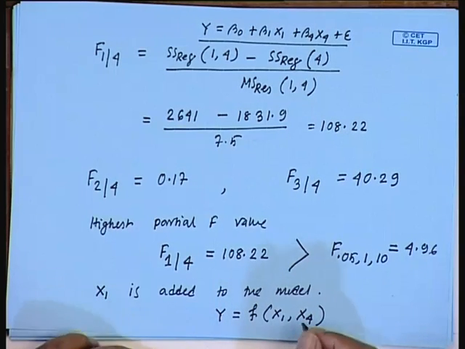Now in the presence of x1 and x4, we will see whether x2 is significant or whether x3 is significant in the model. If none of them are significant, then we stop here. Okay. So this is what we have to do now.